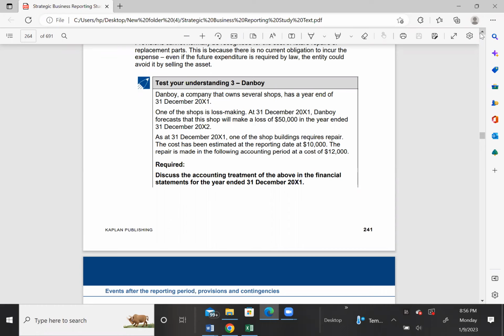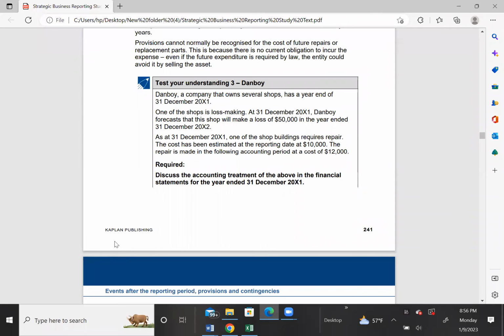Dear student, first of all, for future operating losses, IAS 37 is very clear that no provision can be recognized. So for $50,000, we will not recognize any provision at 31st December X1.